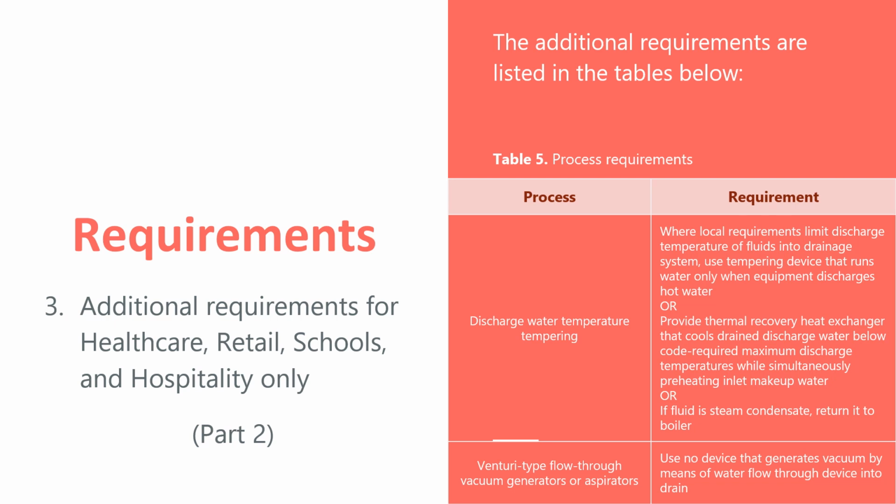For discharge water temperature tempering, there are 3 ways to deal with water temperature differences under different conditions. For Venturi type flow-through vacuum generators or aspirators, we cannot use any device that generates vacuum by means of water flow through the device into the drain.